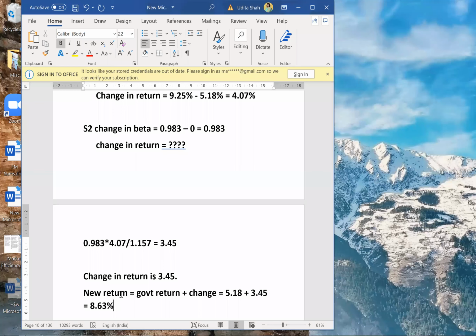Okay. So now we have covered all the concepts of WACC, normal WACC, WACC with asset beta, and WACC with RADR. Any of these WACCs, they might ask you, and that WACC will become your discounting factor while calculating the investment appraisal.